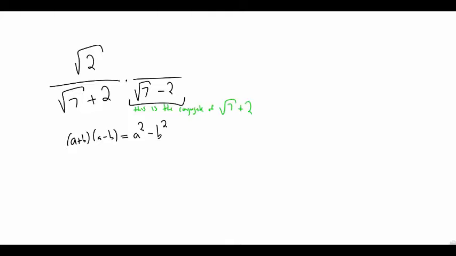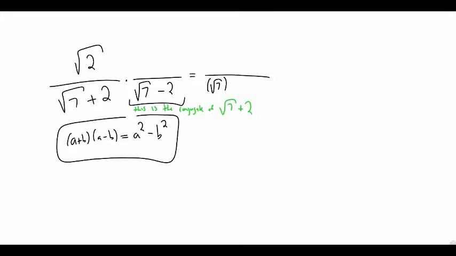What happens when we multiply by the conjugate? We said it's the square of the first term, square root of 7 squared, minus the square of the second term, 2 squared. So this will equal 7 minus 4, which is 3.